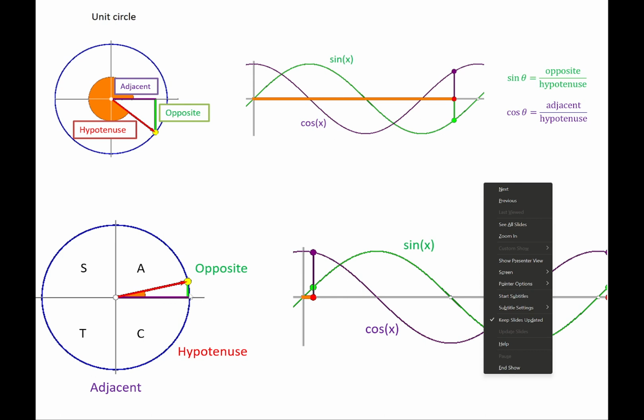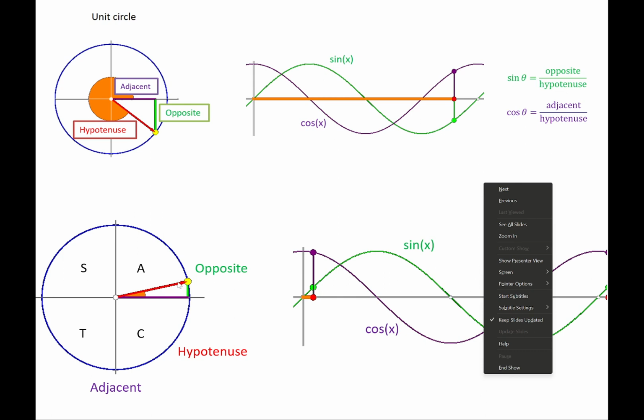The green is the opposite. Okay, and then the orange tells you what angle is currently being used.